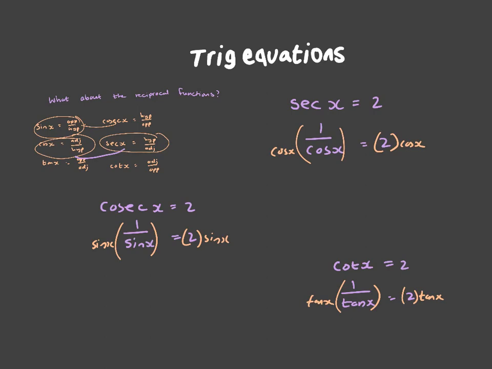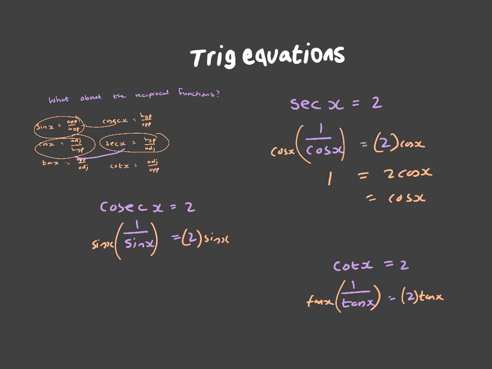So on the left-hand side, what is cos x times 1 over cos x? That is equal to 1. And the right-hand side is equal to 2 cos x. Cool? And how do I get cos x alone now? I just divide by its coefficient, 2 multiplied by cos x.